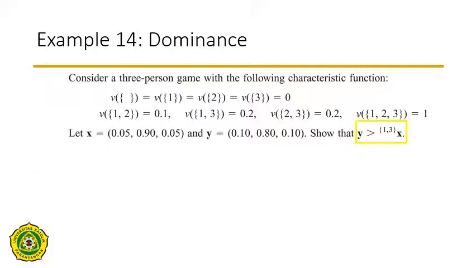Let's look at an example to make that concept clearer. We have a three-person game, and this is the characteristic function. Then we are given two reward vectors, and it says: show that y dominates x through the coalition of 1 and 3.